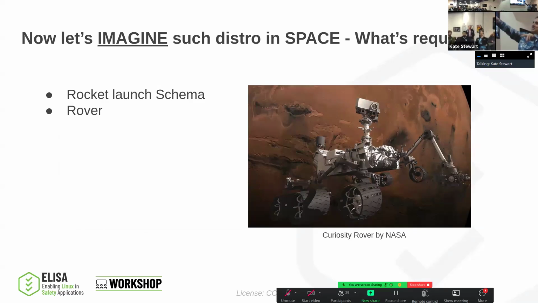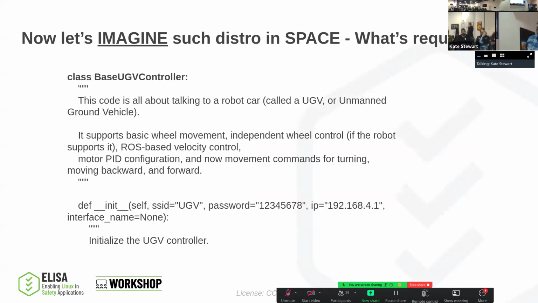So rover, the next thing we need to go to space. Just shipping a rocket there doesn't make sense, we need a rover. So I also created a class that can be used as a base for rovers, which is basically an unmanned ground vehicle. If the manufacturer follows this specification, we can control any rover.